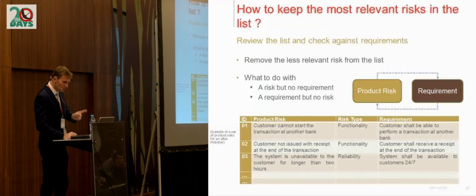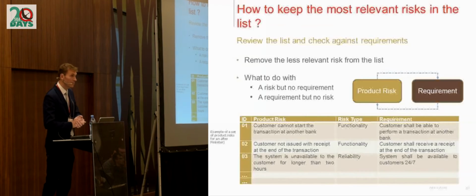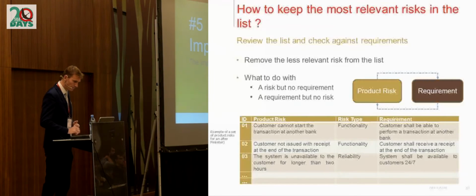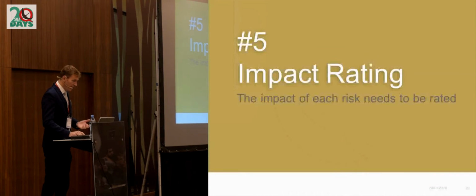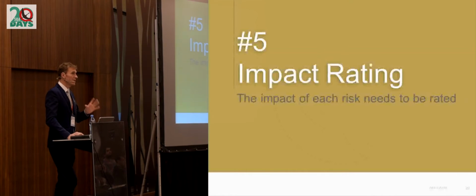For example, the system shall be available to the customers 24 hours a day, each day of the week. So you can see the link between risk and requirements. Then, at the end of this fourth step, you have a relevant list of risks, and you can move forward with the risk analysis.